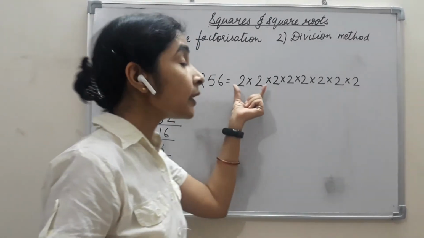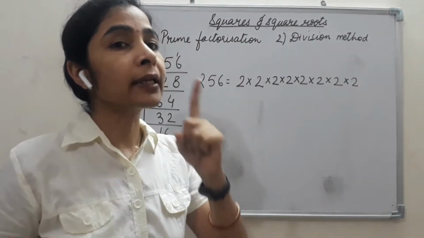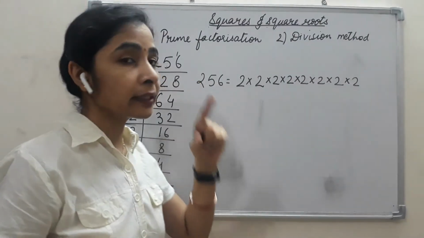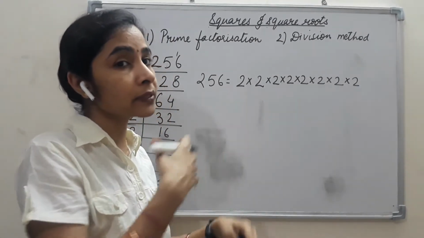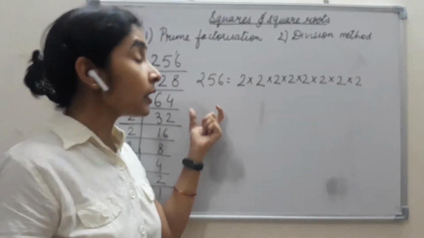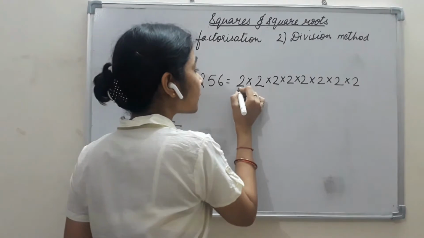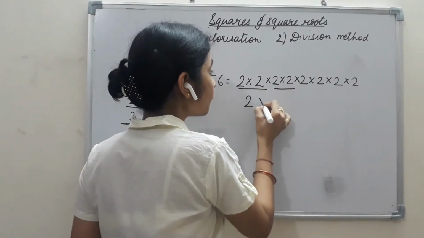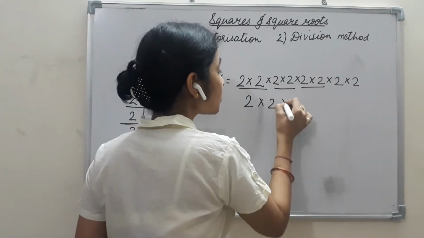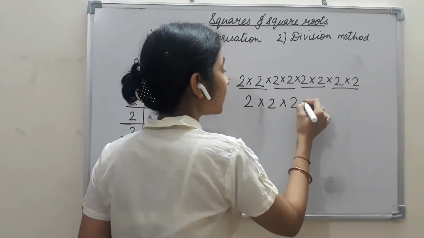Now for every two 2s we take only 1, because we are finding the square root. Square root means the number which multiplied by itself gives the given number. So for every two 2s we take 1, for these two we take 1, for these two we take 1, for these two we take 1, and for these two we take 1.